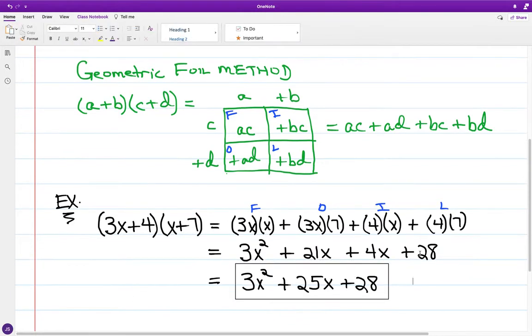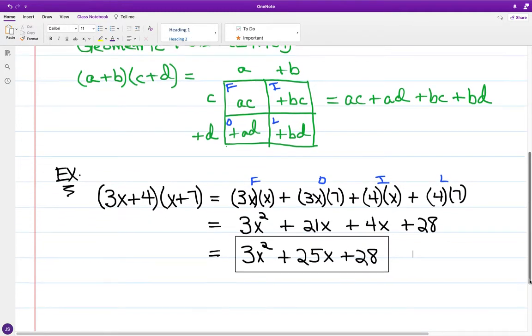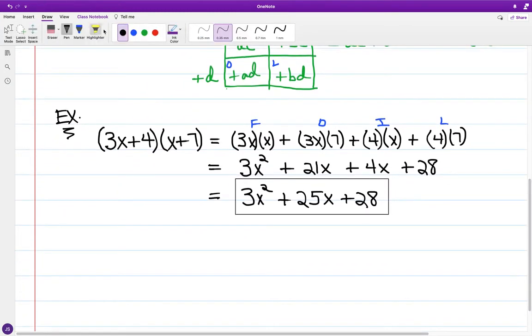Okay, now another case, let's say we have something given in exponential terms. You have something like 4x minus 3y raised to the second.